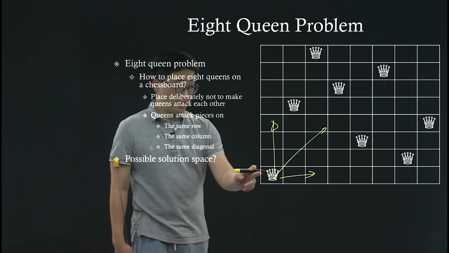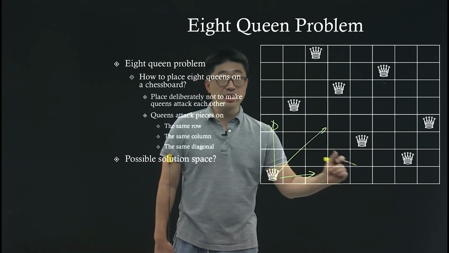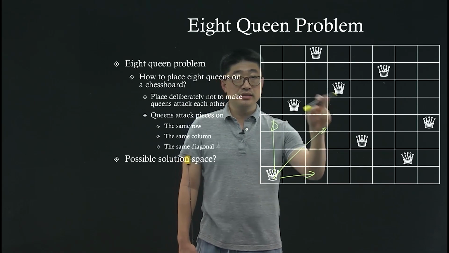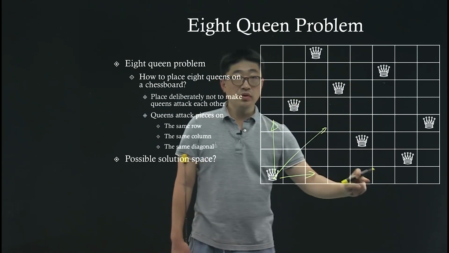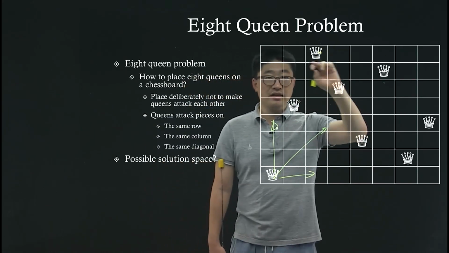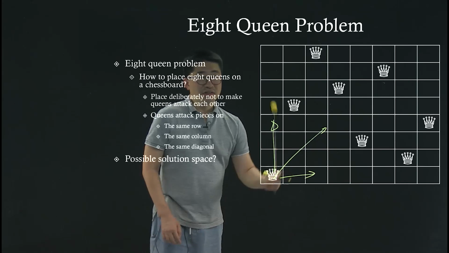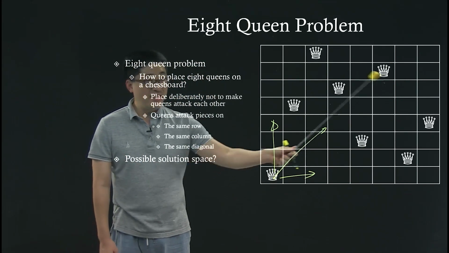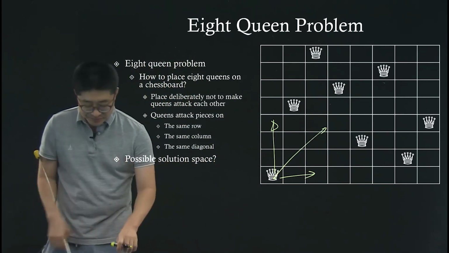Let's see. One queen is attacking no one, she is safe, and this one is attacking no one, and so forth. I intentionally placed these queens to solve this problem, so it should be okay.